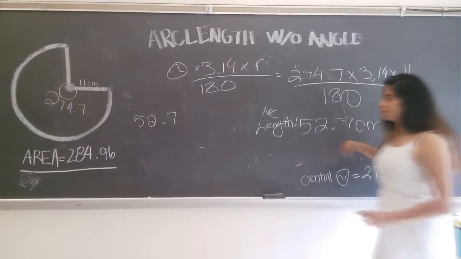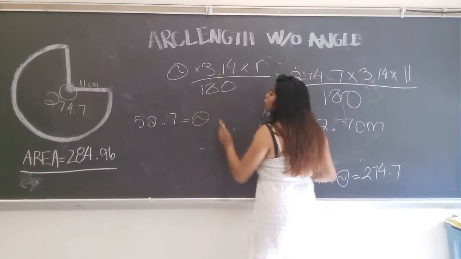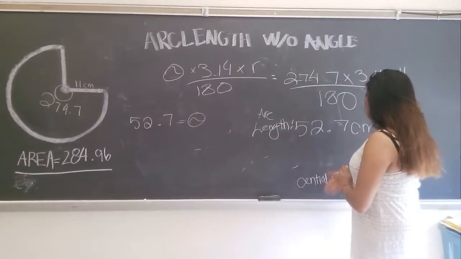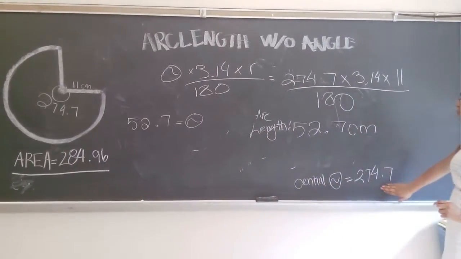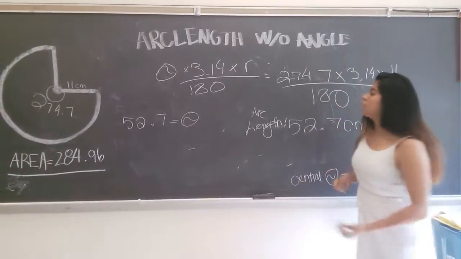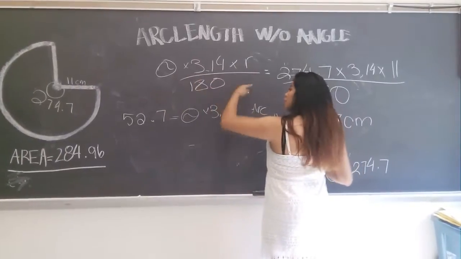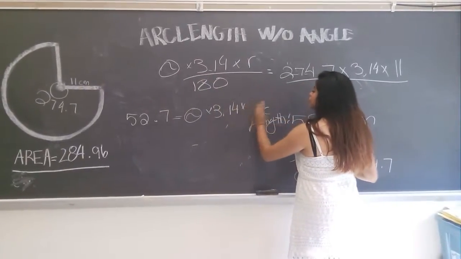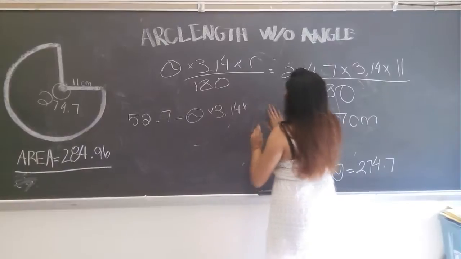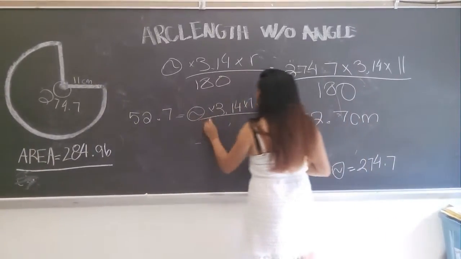This is your answer, equals the central angle. Now we know the central angle is 274.7, but we're going to try to make sure and see that it's correct. So put in the formula, let me just erase this part, and the radius, which is 11 over 180.